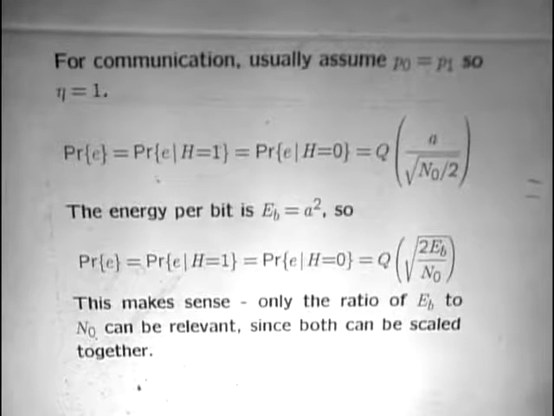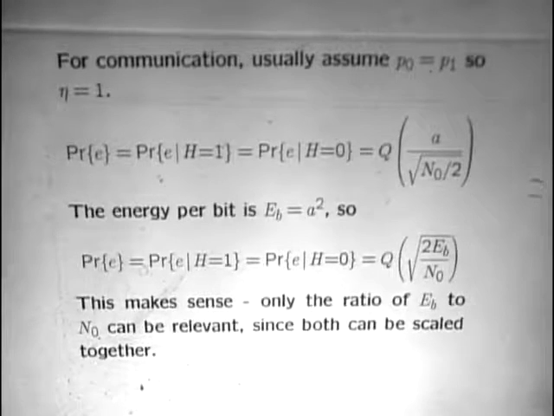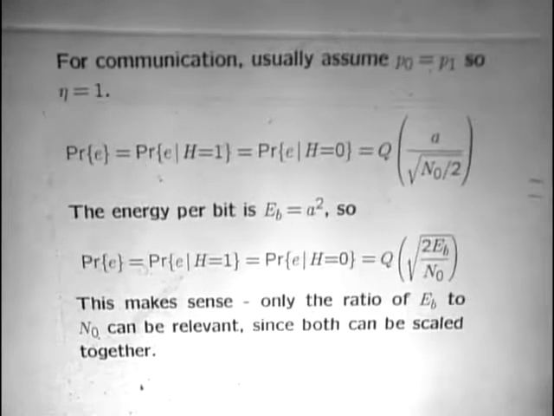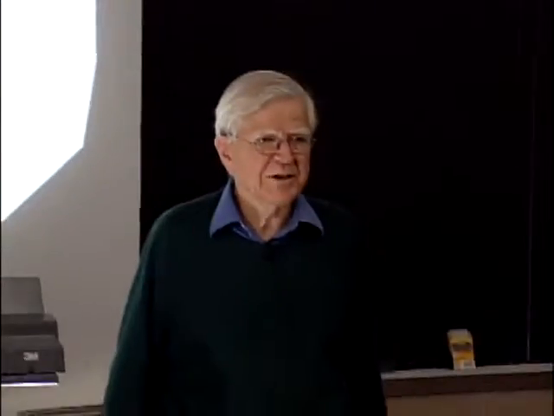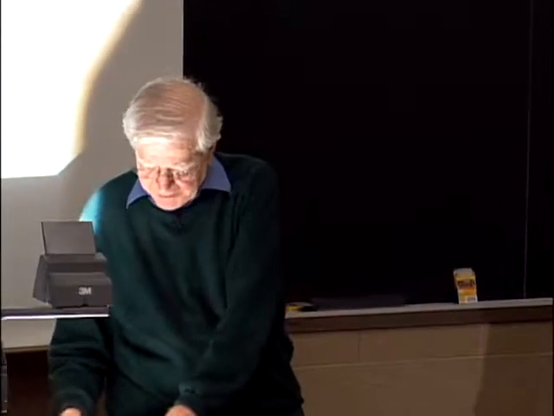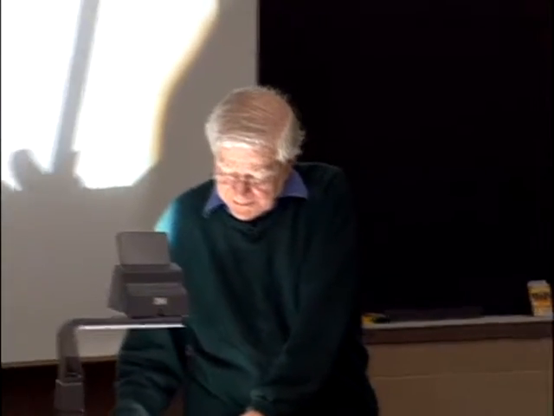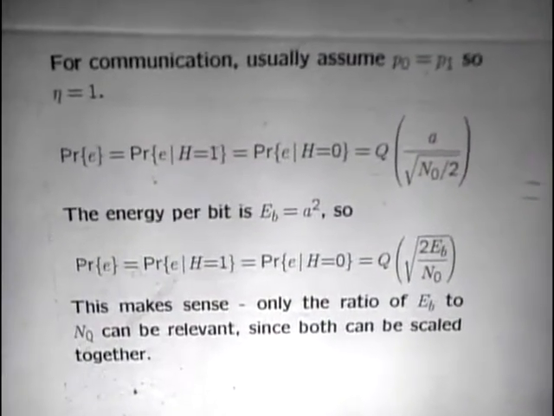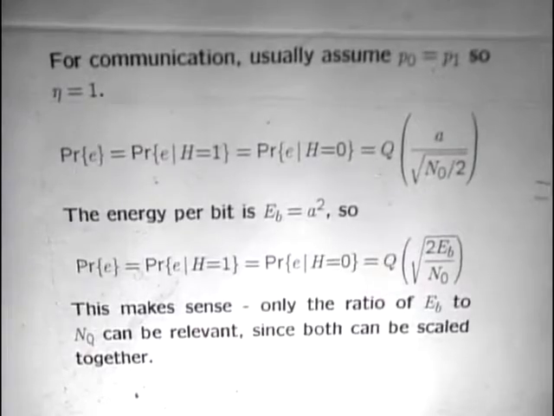But the amount of energy we're spending to send this one bit is a squared, at least in this frame of reference that we're looking at now, where we're just looking at this discrete signal and single variable noise. And N0 over 2 is the noise variance of this particular random variable Z.